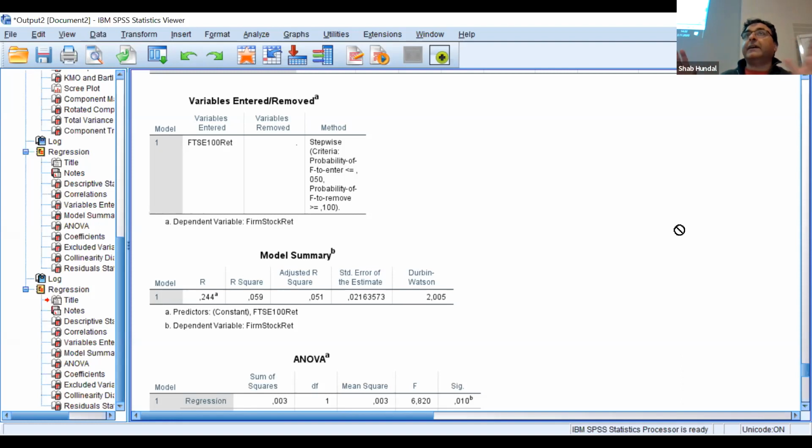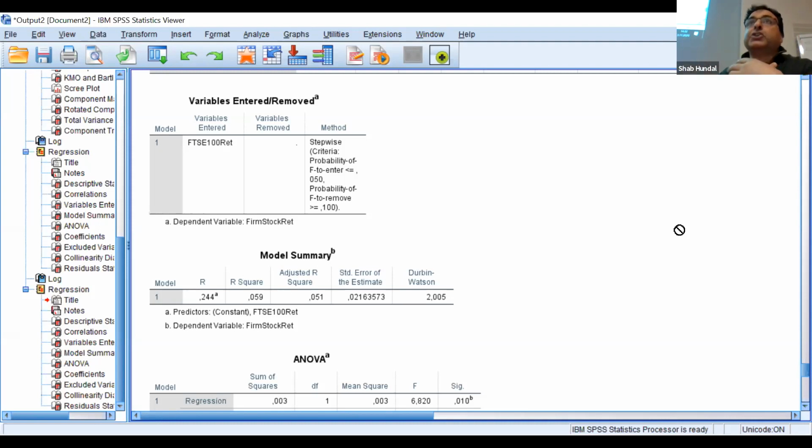No. It's just for your information that the company stock return in Britain has so many variables which are not included in our model. Perhaps we did not study good literature, hence we didn't know who the real variables are. So there are many ways of thinking about this.